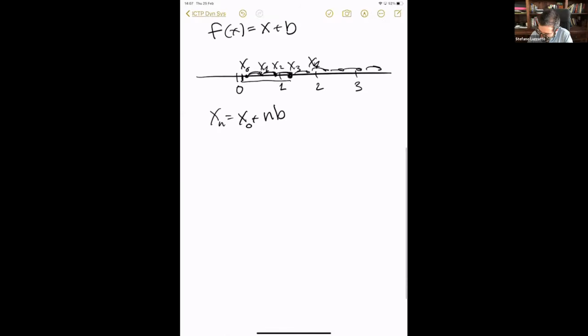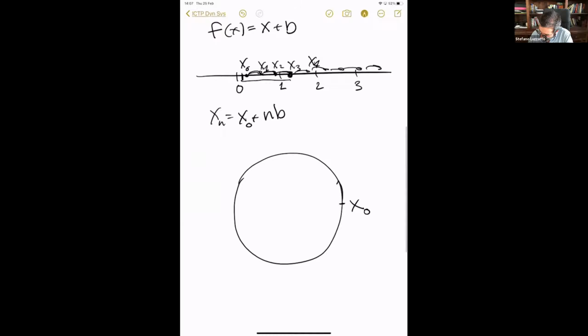So you can imagine this as a map of the circle, where it depends on what orientation we want to use, it doesn't matter. So this is x naught, and suppose this is b, x1 equals x naught plus b, and then we just add b. I am thinking of b as small, and then when you come back around, you just start again on the other side, so you keep rotating.